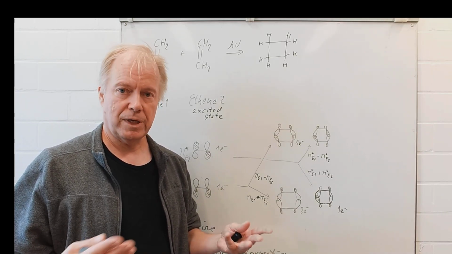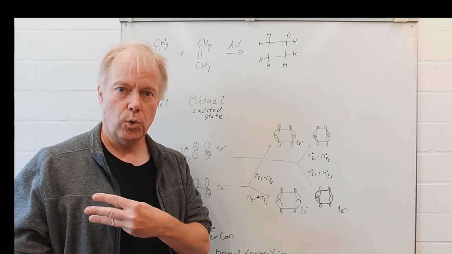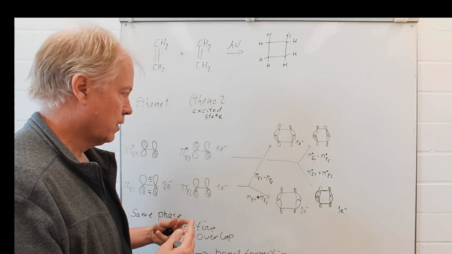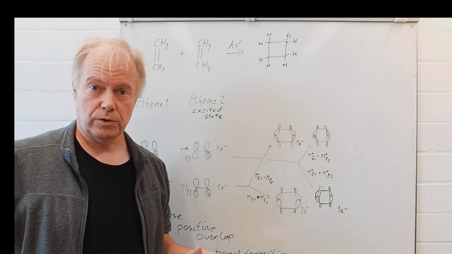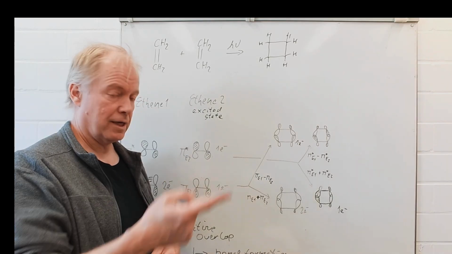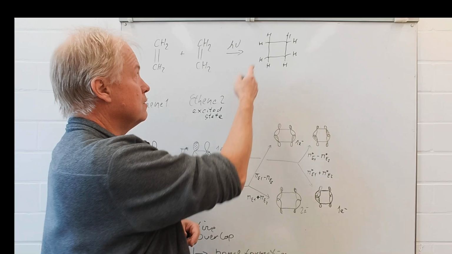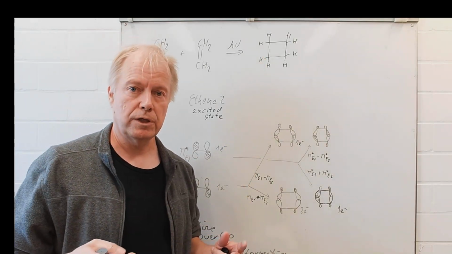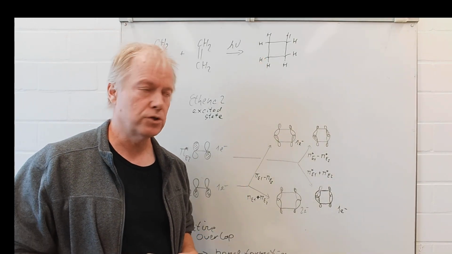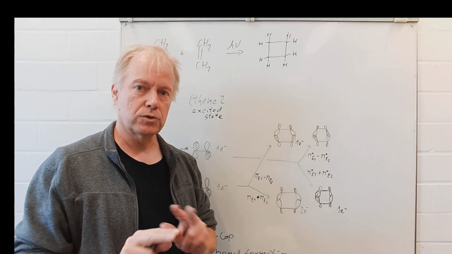Well, just by interacting with other molecules or with the walls of a reaction chamber. So, after it has delivered this excess energy, then we are in the ground state, and in the ground state at moderate temperature, a cyclobutane molecule is completely stable.